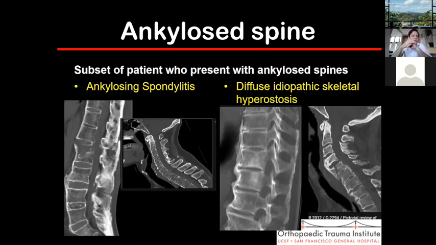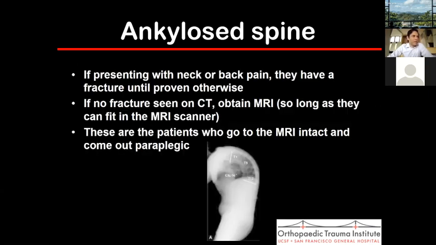So we always describe these as long bone fractures of the spine. Again, ankylosing spondylitis and DISH just have different appearances. With DISH, you have these flowing, thicker osteophytes, but functionally they're the same, even though their underlying cellular mechanisms may be different.